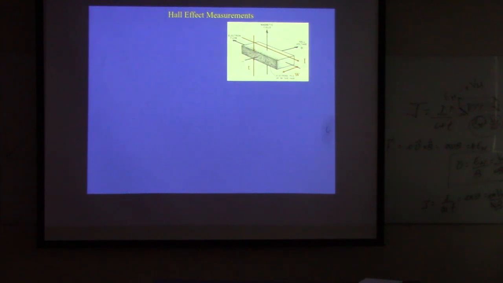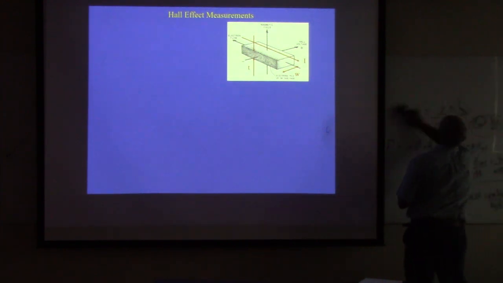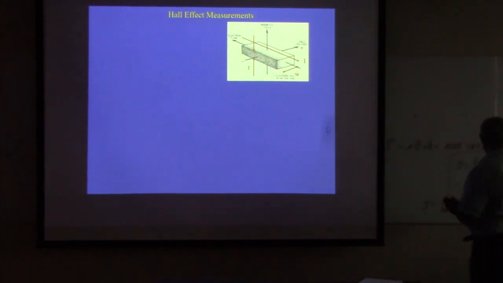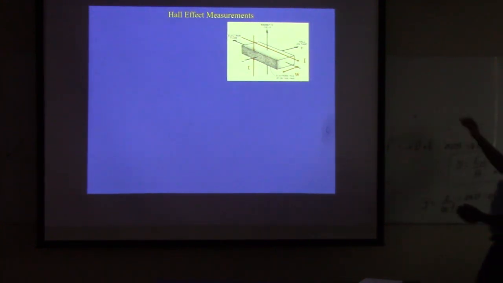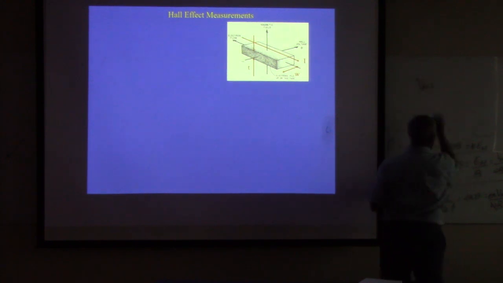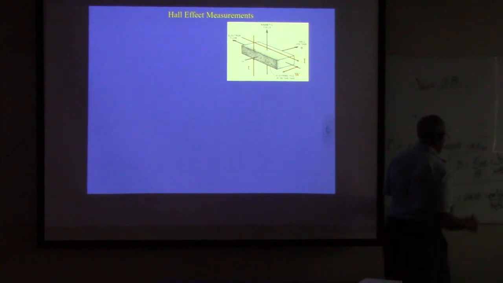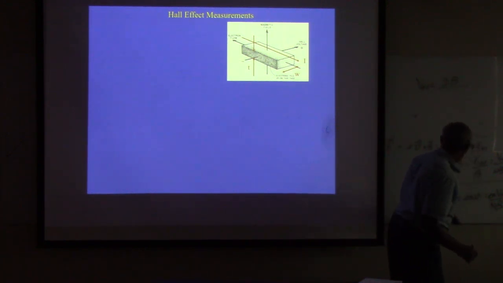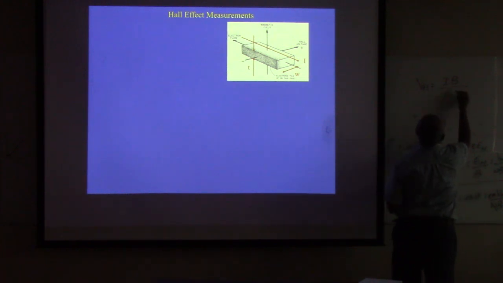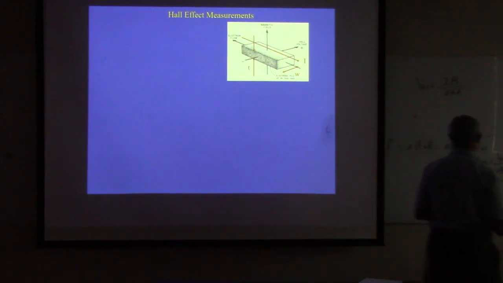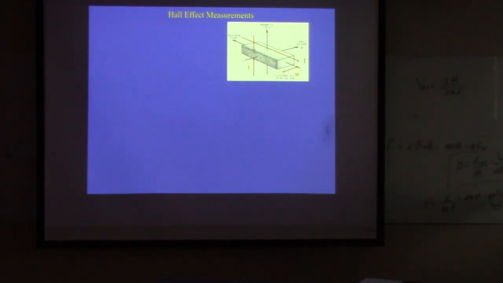Then what you get is V_H is given as I times B divided by n e T. B goes here, I B divided by n e T.